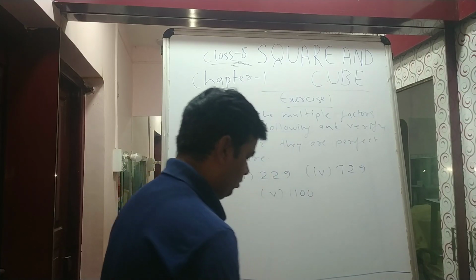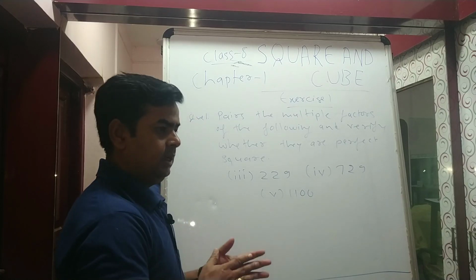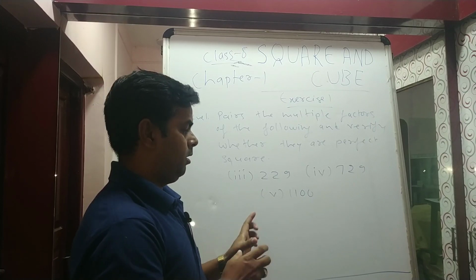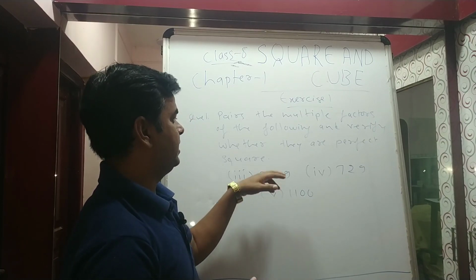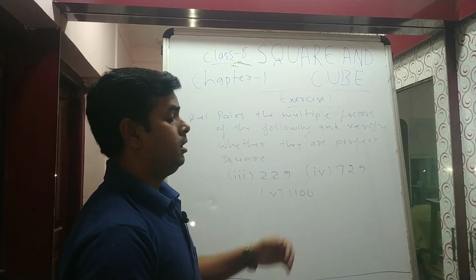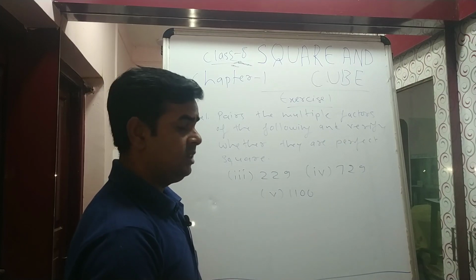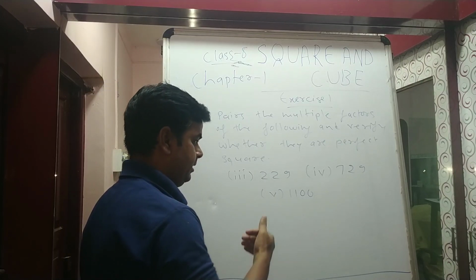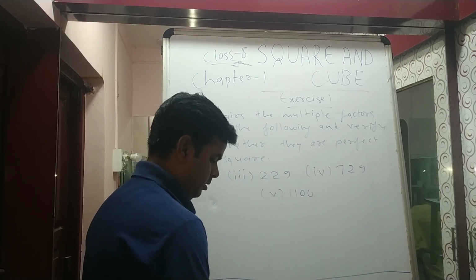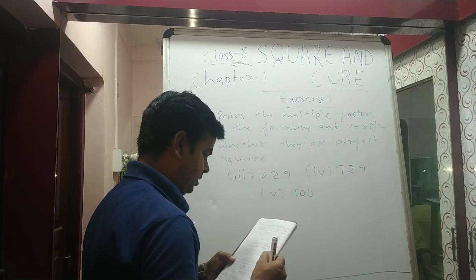What you need to do is find the factors, and if there is no single number and all numbers are in pairs, then you will say that yes, it is a perfect square number. If you find a number which is single, then you'll say that it is not a perfect square number. Did you note this? Okay, let's move to the next question.